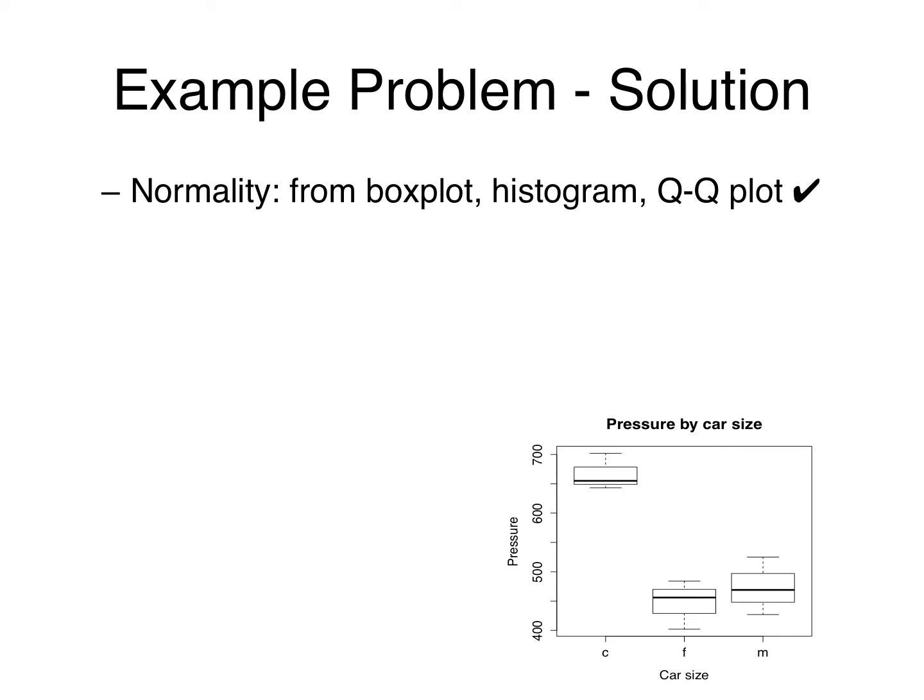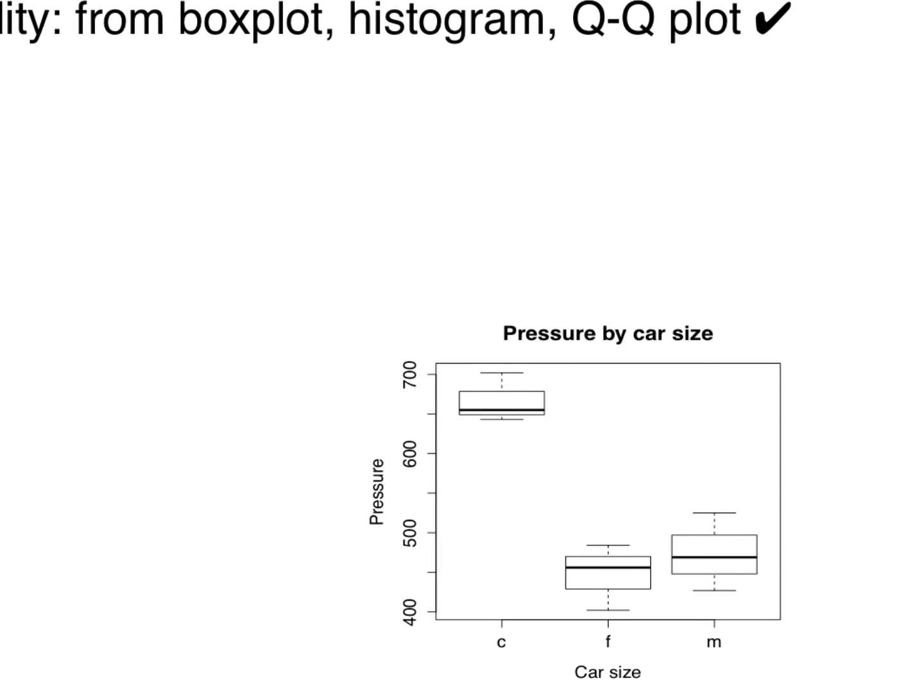So we need to check for normality of data, and we can do this with a box plot, histogram, or a QQ plot. These side-by-side box plots show the distribution of the data in each group. We can see that the data for full-size and mid-range cars is fairly normally distributed.